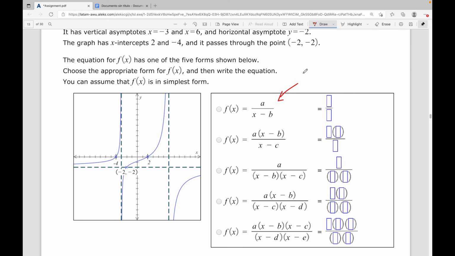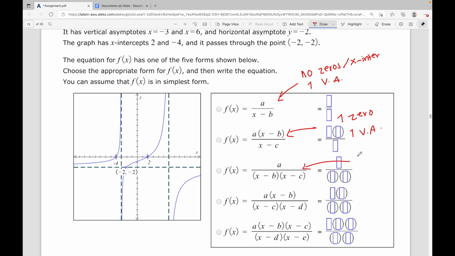So this one is whenever we have no zeros, slash x-intercepts, and we just have one vertical asymptote. Okay. This one is when we have 1 zero and one vertical asymptote.